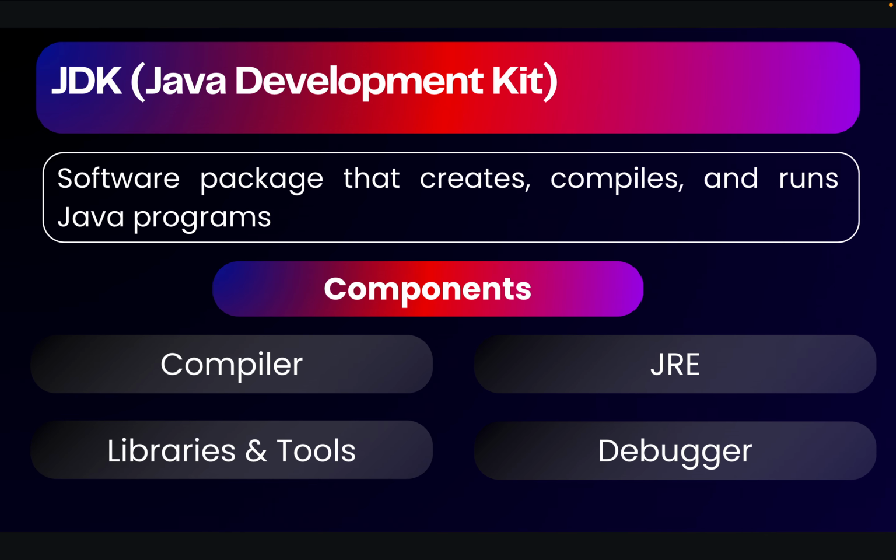The JDK is what we consider a Java Development Kit. This is the software that's used to create and run your Java programs. It has various components: a compiler, a JRE, libraries and tools, and debuggers. All of these are involved in a Java Development Kit.